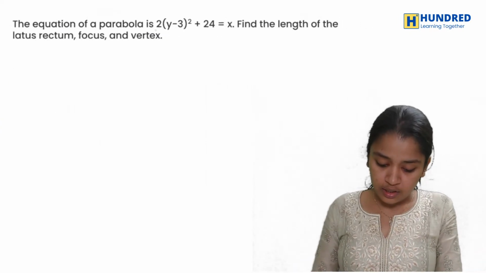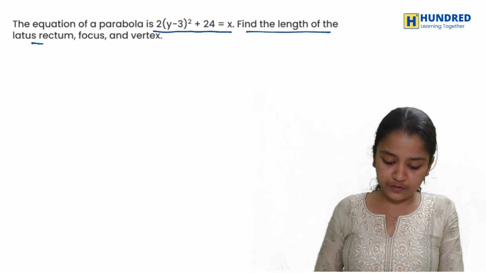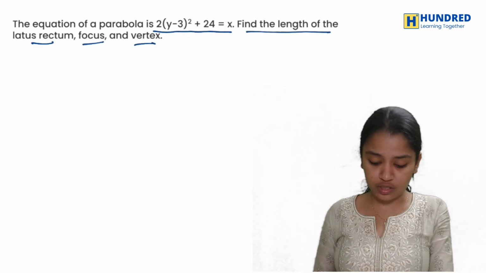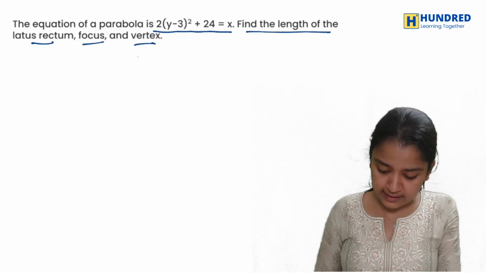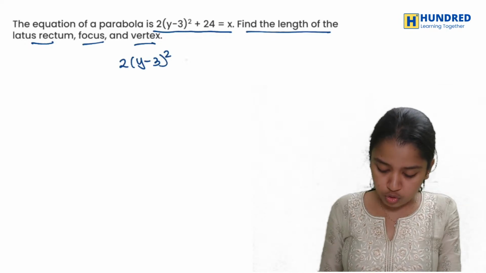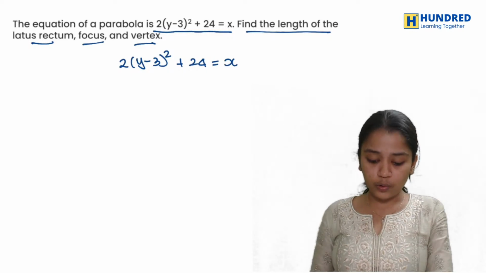Here, given the equation of a parabola, find the length of the latus rectum, focus and vertex. The equation of the parabola is there, no? So basically I have to write it: 2 into y minus 3 the whole square plus 24 is equal to x. So how am I going to write it?